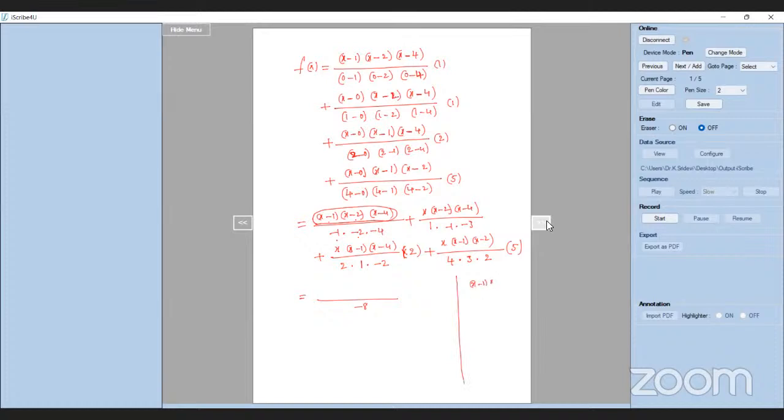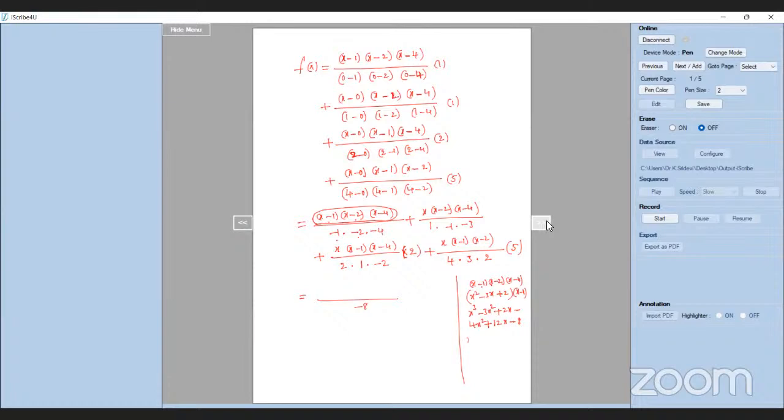(x minus 1) into (x minus 2) into (x minus 4). x squared minus x minus 2x plus 2, into (x minus 4). Now again simplify this one. x cube minus 3x squared plus 2x minus 4x squared plus 12x minus 8.